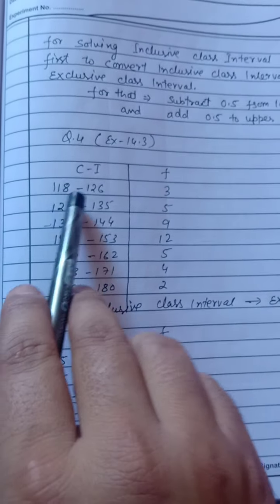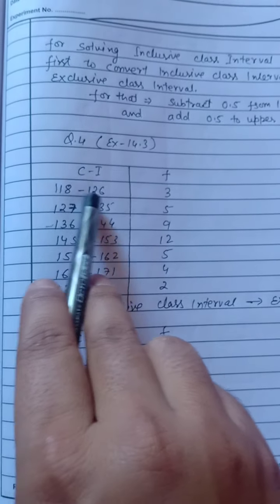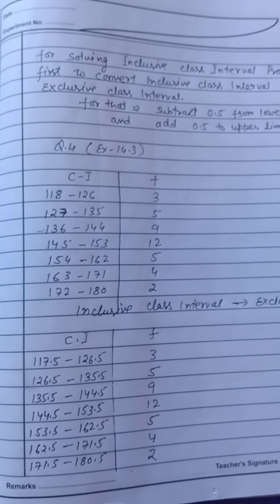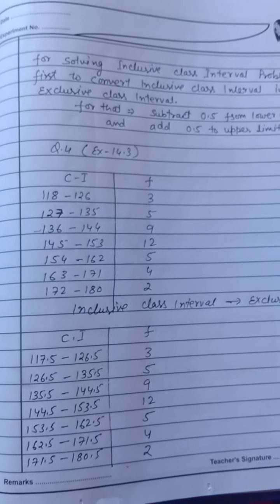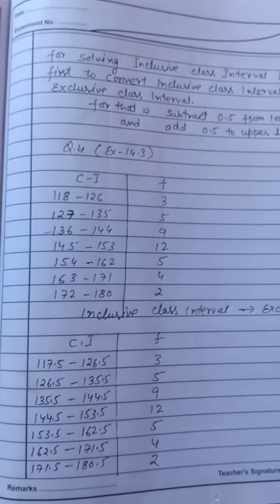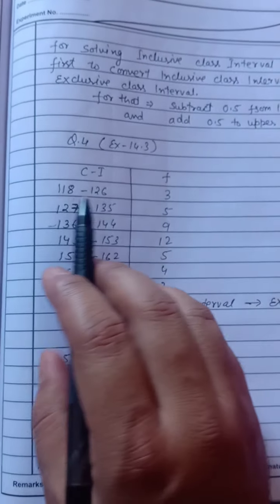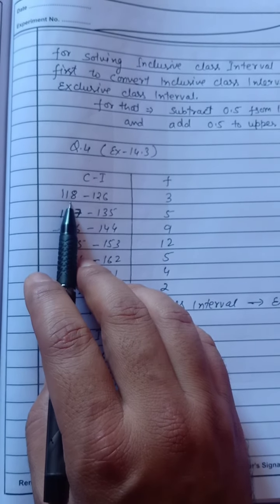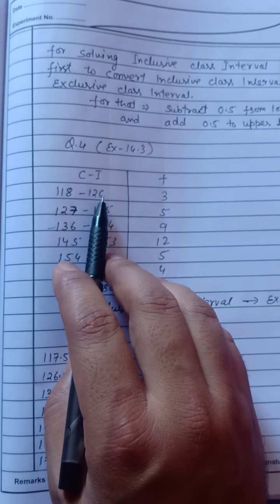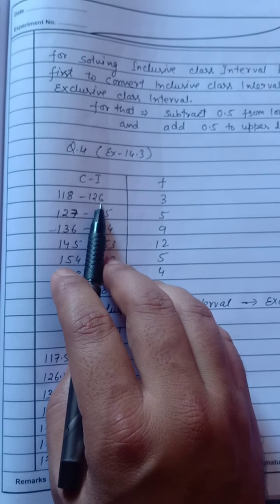As you can see, the upper limit is also included in each interval, so that is an inclusive class interval. So as I told you, for converting the inclusive class interval into the exclusive class interval, we have to subtract 0.5 from the lower limit and add 0.5 to the upper limit.